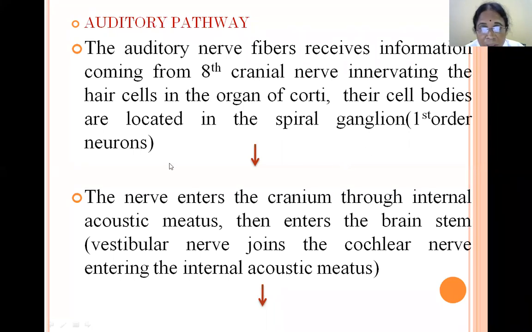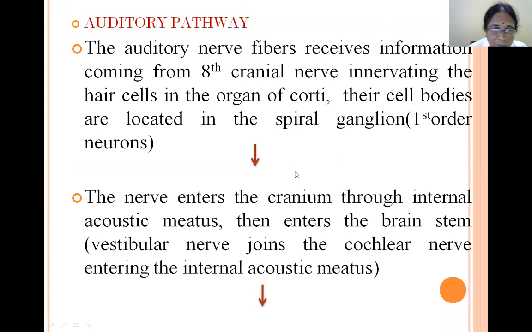Their cell bodies are in the spiral ganglia. This is the first order neuron. The information comes from the hair cells in the organ of Corti, forming the axons of the eighth cranial nerve. The cell bodies are located in the spiral ganglia. This is the first order neuron.